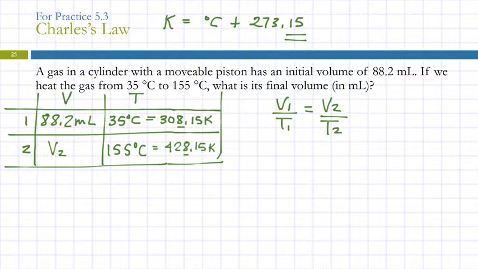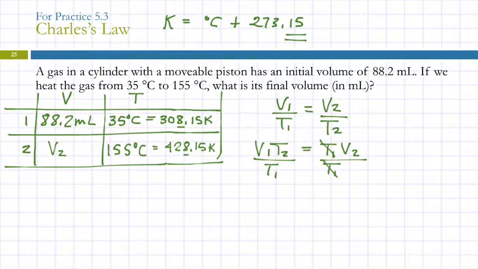So cross-multiplying is going to give me V1 times T2 is equal to T1 times V2. And I'm looking for V2, so I'm going to divide by T1 so that I can get V2 all by itself on one side. If you struggle with rearranging equations, please come and talk to me. I can help you.